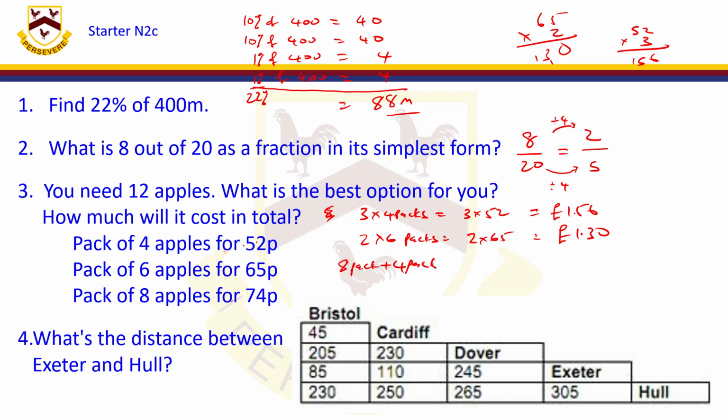So that's 74 plus 52. It's £1.26, is it? Yep. And that's the cheapest. And there don't seem to be any other combinations. So that's our cheapest option, an 8 pack and a 4 pack.